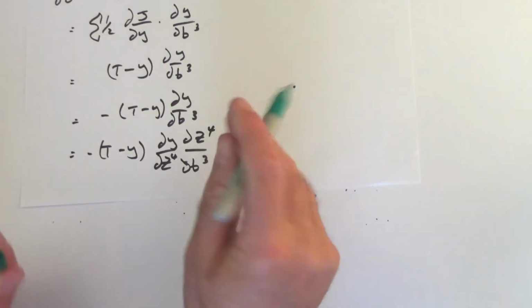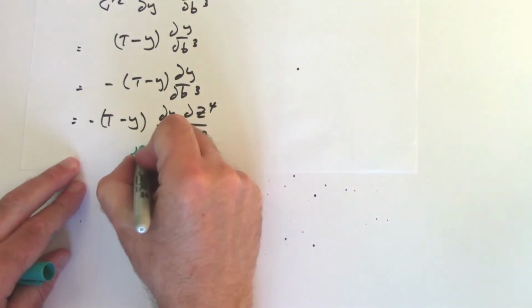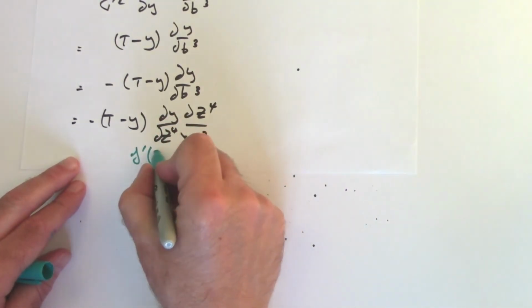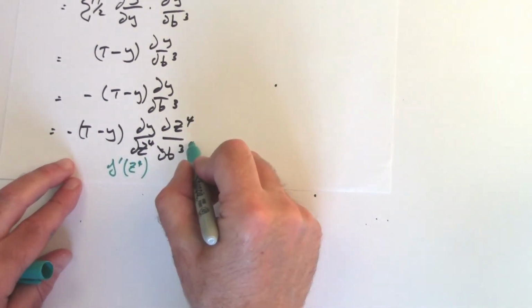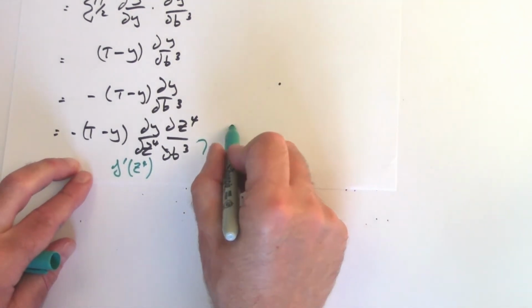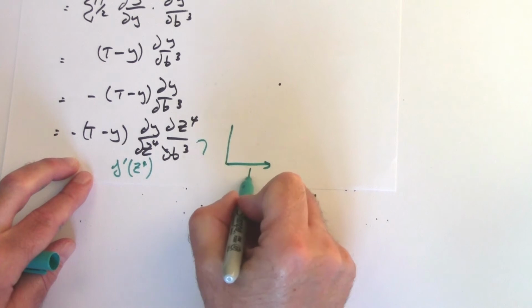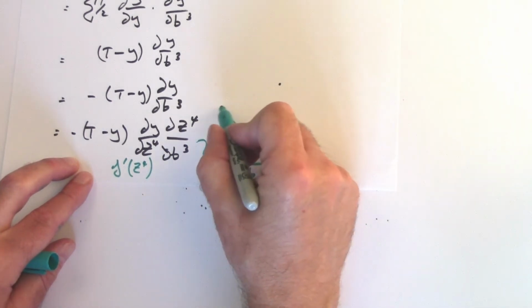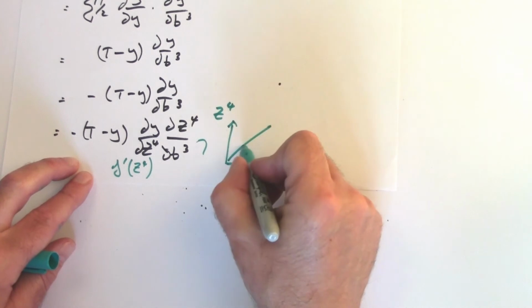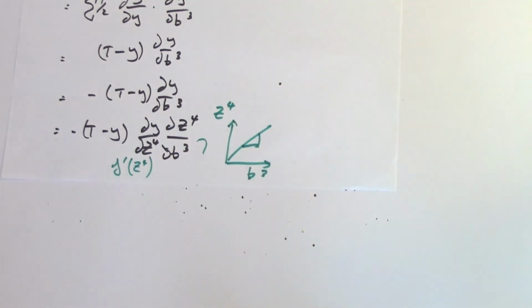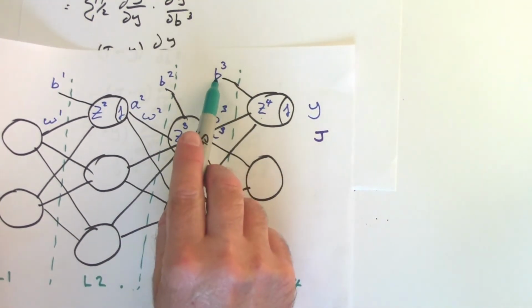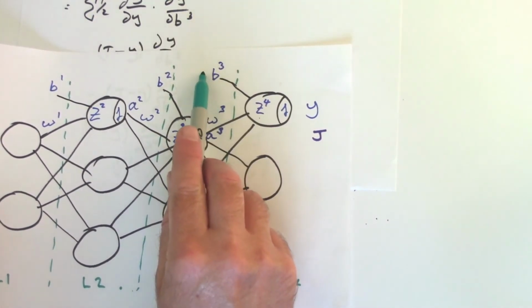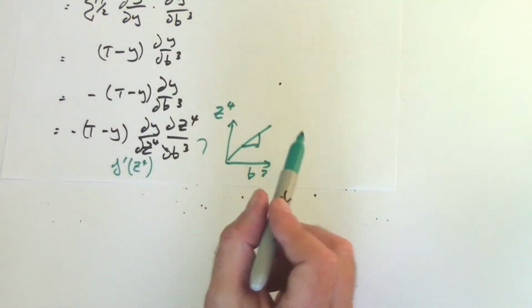We know that dy by dz4 is simply the derivative of the activation function, and as far as dz4 by db3 is concerned, we can look at that as being b3 and z4, and the gradient here is simply 1. The bias is actually just a weight, and the actual input really is just 1. So the gradient is 1 here.